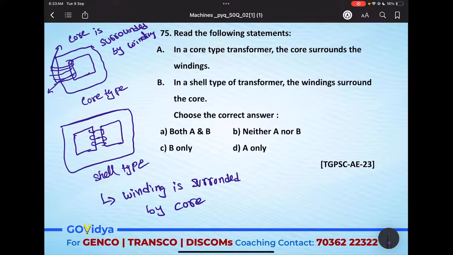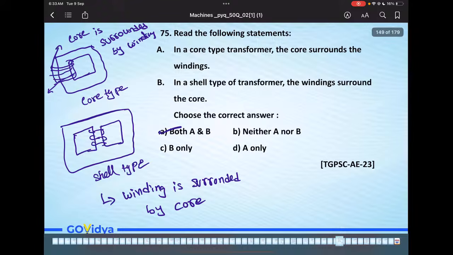Core type transformer means core is surrounded by winding. Shell type transformer is winding is surrounded by core. Okay, our option will be A. Let's move on to the next question.